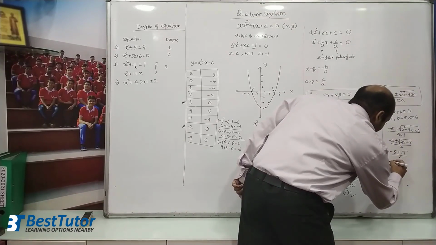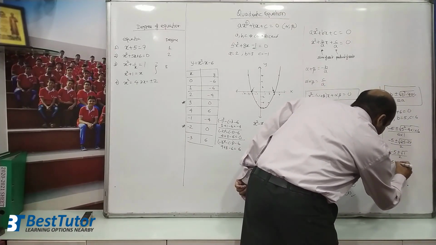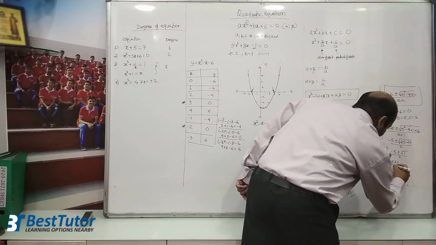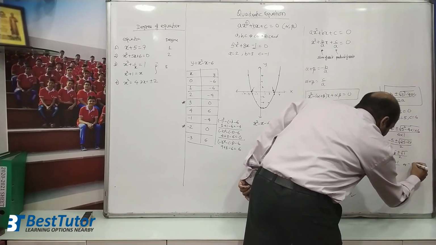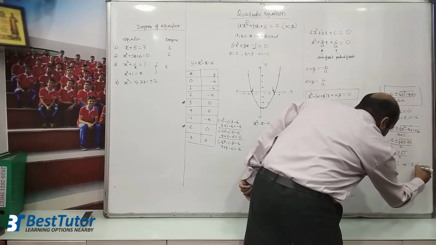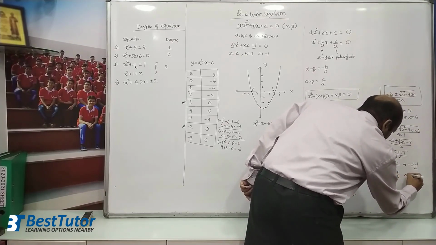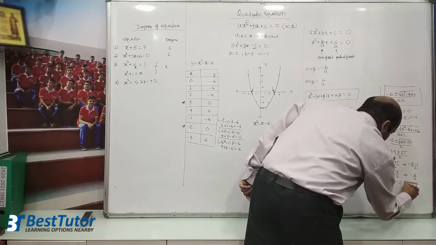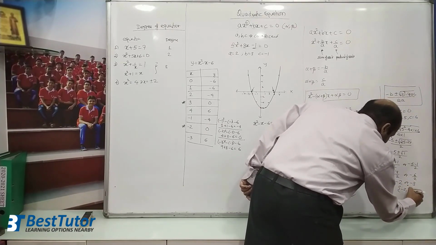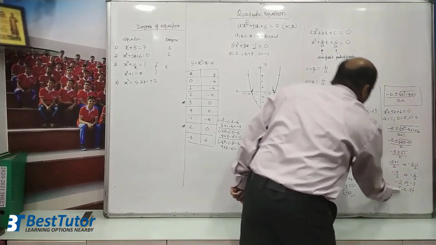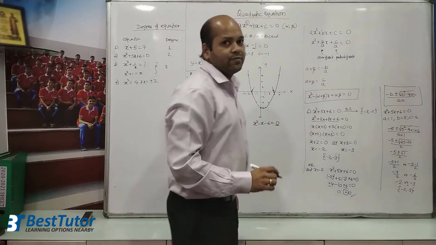So I get minus 5 plus 1 divided by 2 or minus 5 minus 1 divided by 2. I get minus 4 divided by 2 or minus 6 divided by 2. I get the roots as minus 2 or minus 3. It's the same roots which you have.